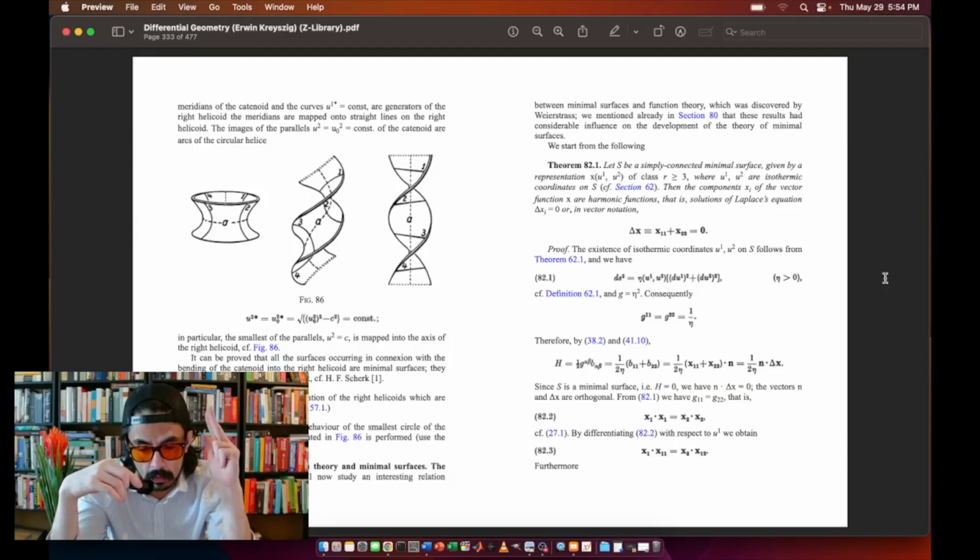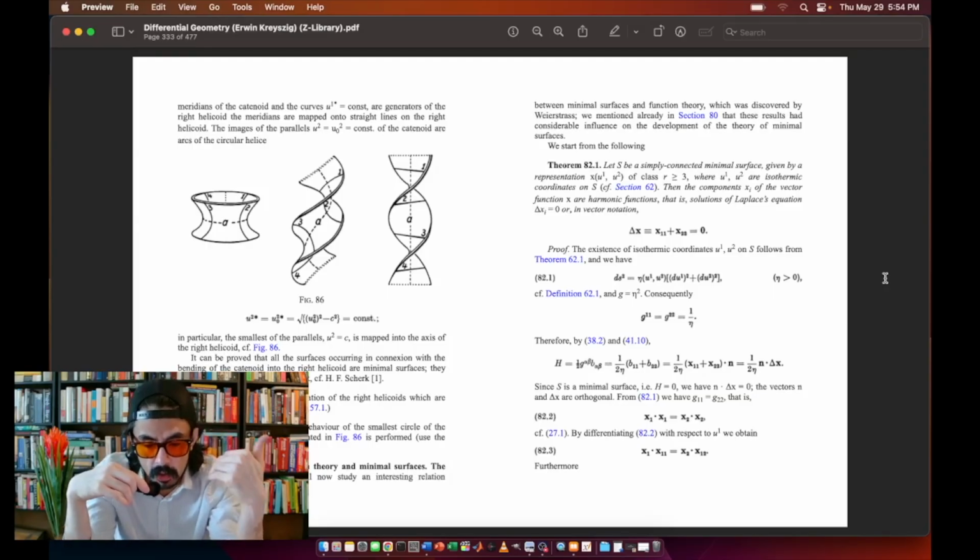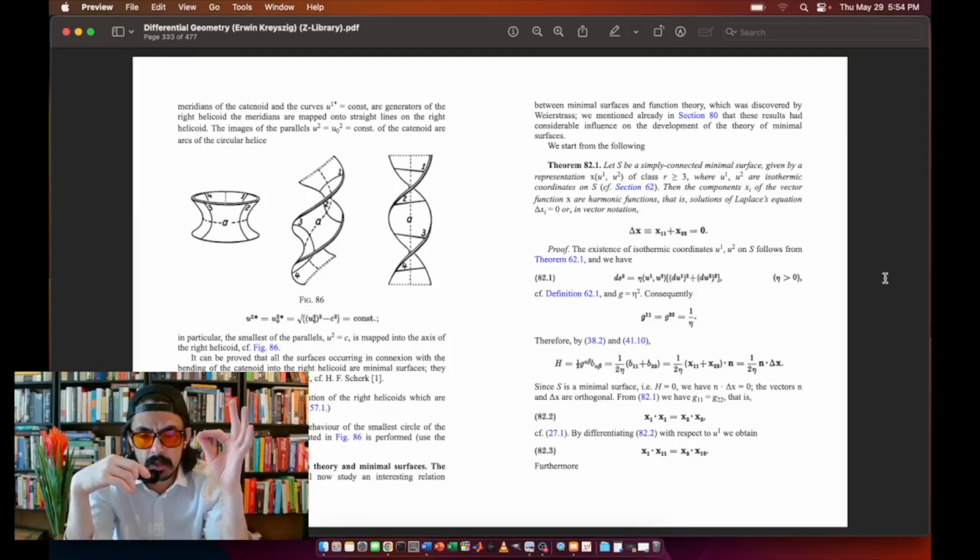and lowercase g, which is the discriminant of the first fundamental form, equals that function nu squared. Consequently, g superscript 1 equals g superscript 2 equals 1 over nu. So these are components of the first fundamental form.